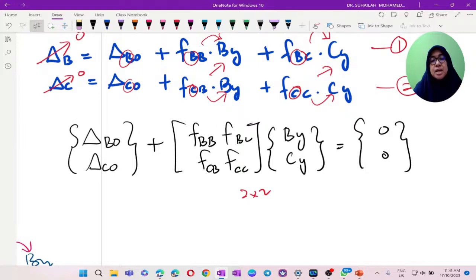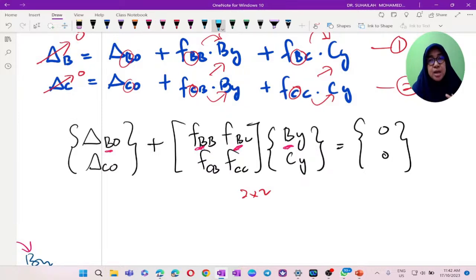So F is for flexibility coefficient. F in this case is deflection. So how to label? We just need to follow here. So this is B, B. BY, redundant 1.